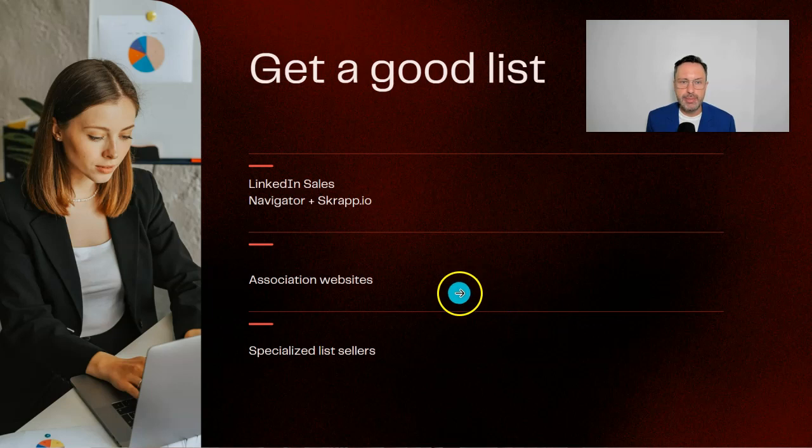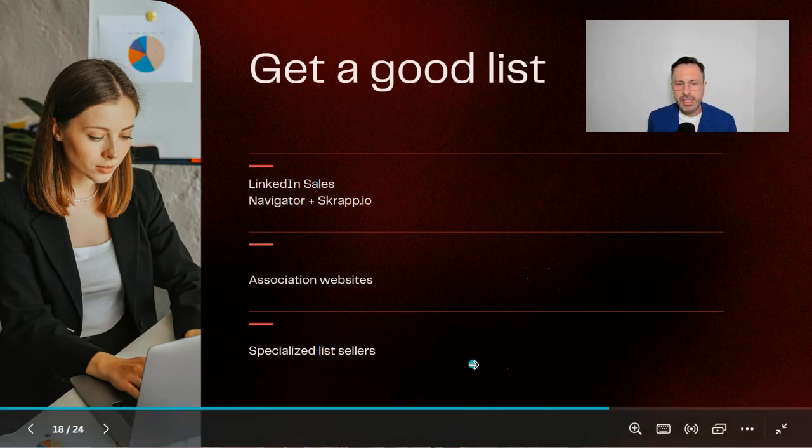You can also build a list manually or hire somebody on Upwork or Fiverr by scraping association websites. A lot of people have their emails publicly listed through real estate associations or certain medical associations. Just go grab the emails from there, and then you know they're probably going to be pretty credible.